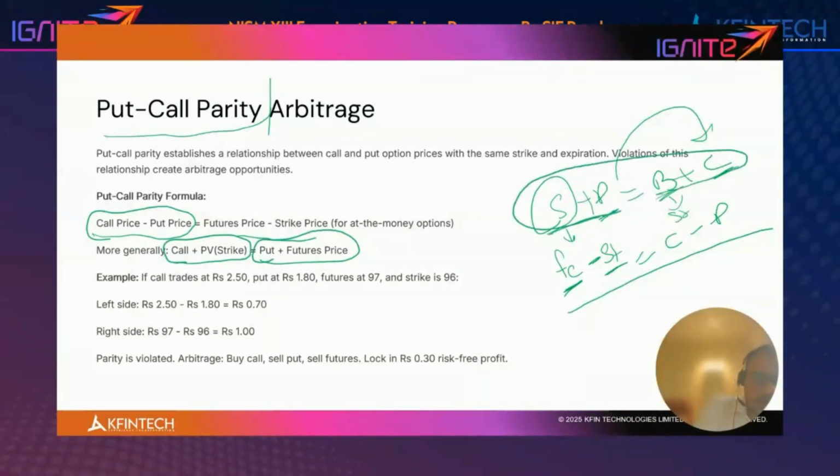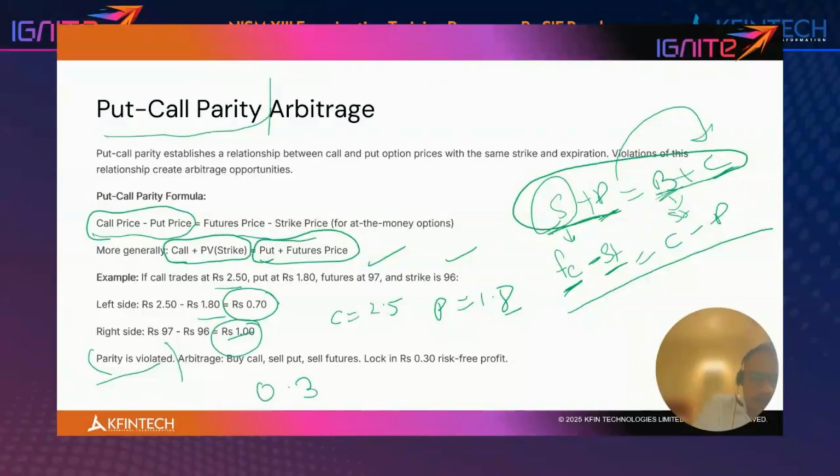If the call trades at 2.5 and put is at 1.8 and this is the strike price, calculation wise, you see that the parity is violated, because on the left hand side the computation is coming as 0.70, on the right hand side the computation is coming at 1.